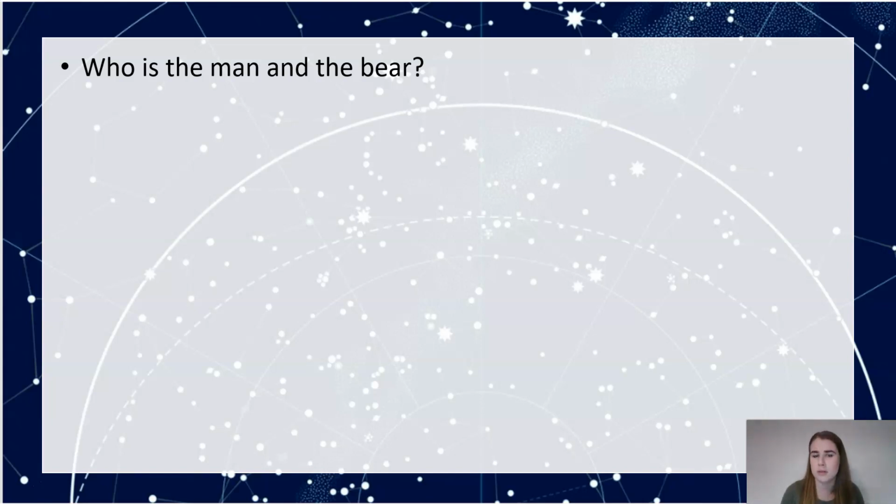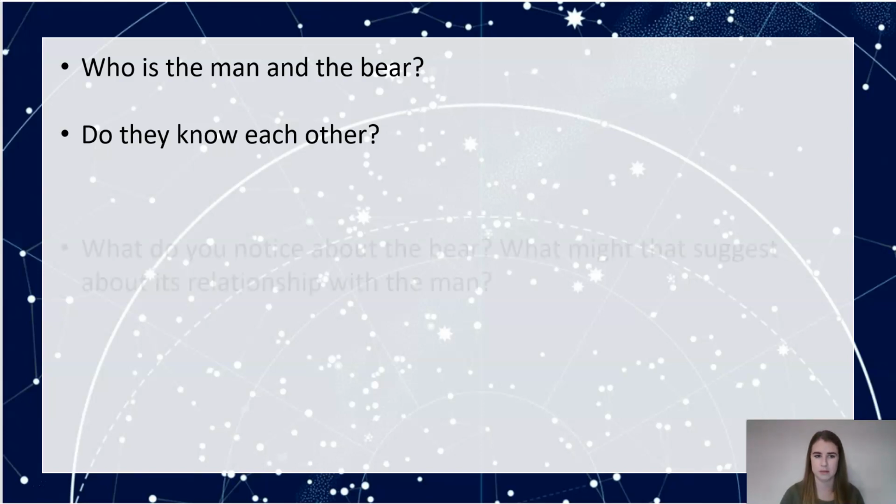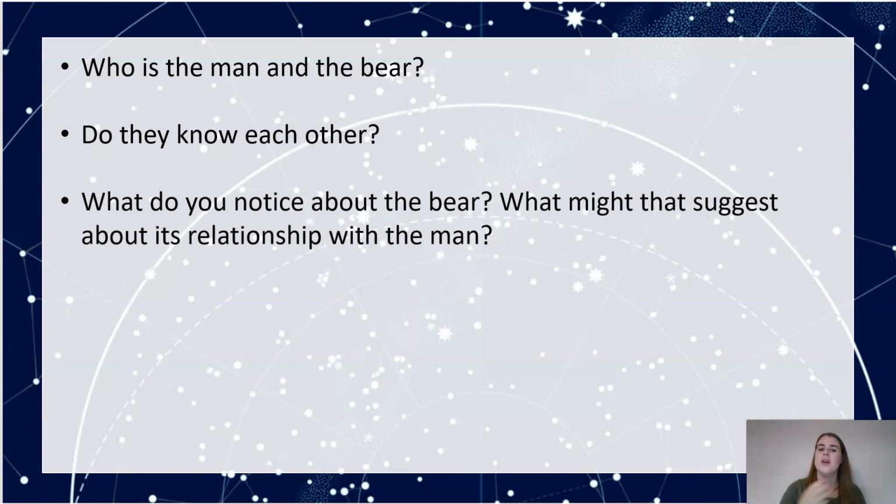We don't know who they are at the moment, but they potentially might know each other because they've arrived together. Now, we don't know at the moment whether they definitely know each other, but there must be some form of relationship because they're both there together. So they've both turned up with one of them holding the key. Now, I don't know if you noticed anything about the bear, but the bear had a slight funny walk to him.